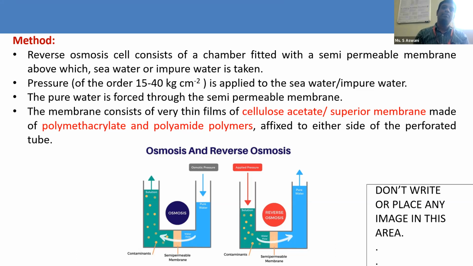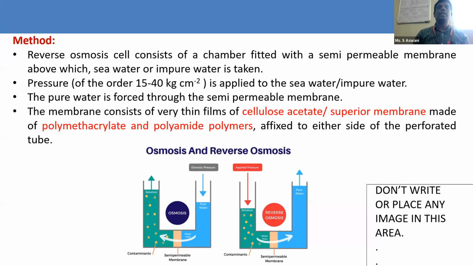Some synthetic membranes are polymethacrylate and polyamide polymers, and some combinations of organic polymers also act as semi-permeable membranes to allow the transfer of ions.